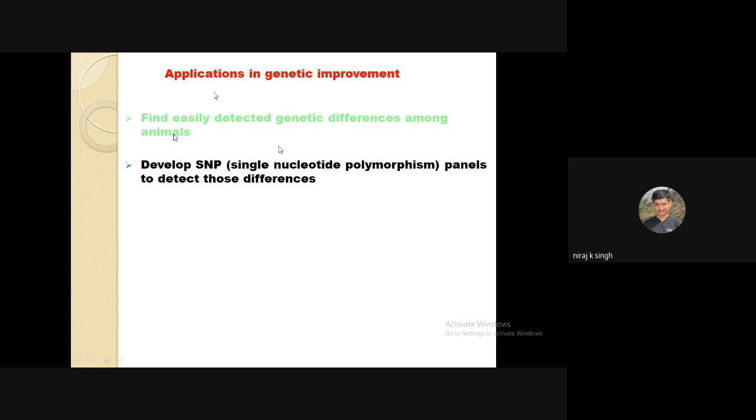These genetic variations are known as single nucleotide polymorphisms. So we first have to identify the genetic variation among individuals, then subsequently develop SNPs, single nucleotide polymorphisms, which are related to the phenotypic variations.